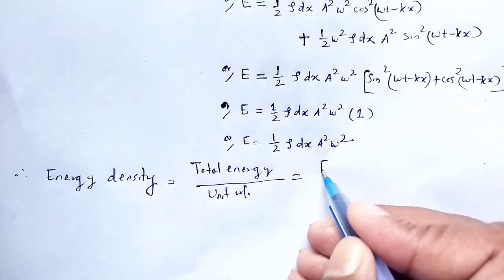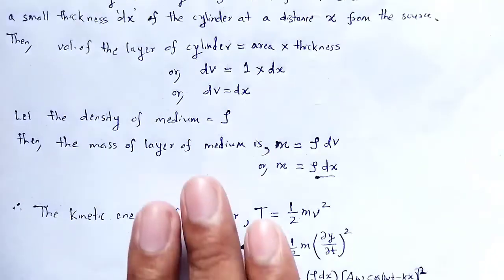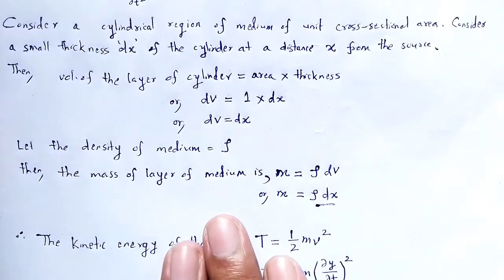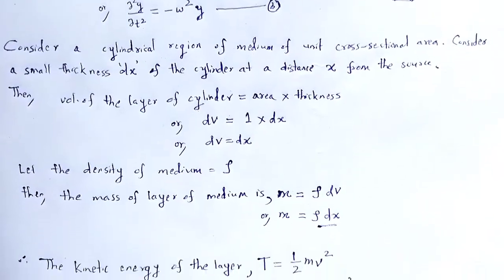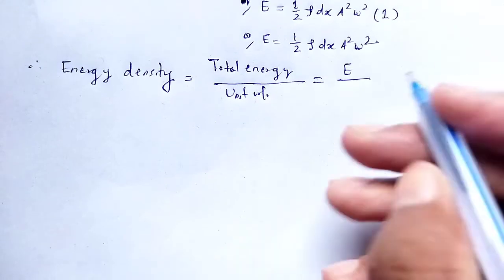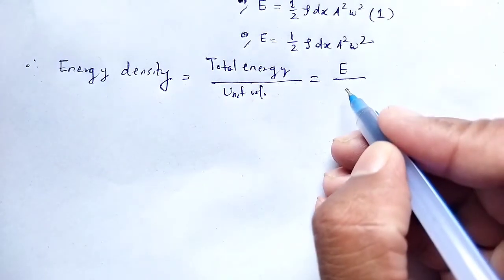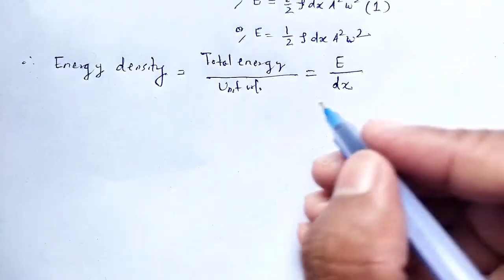Here total energy is equal to E, and unit volume dV is equal to dx.